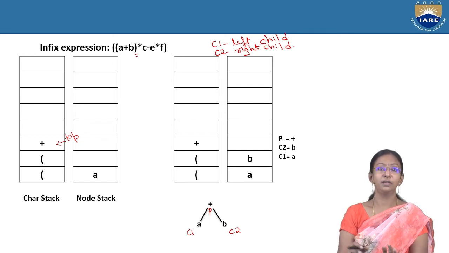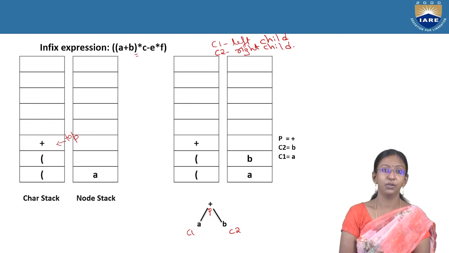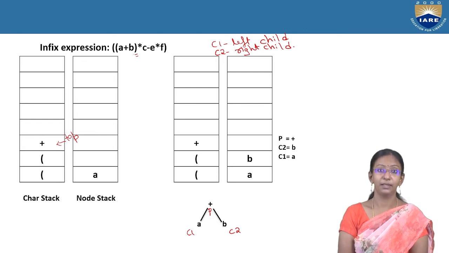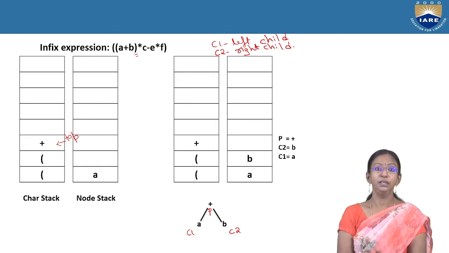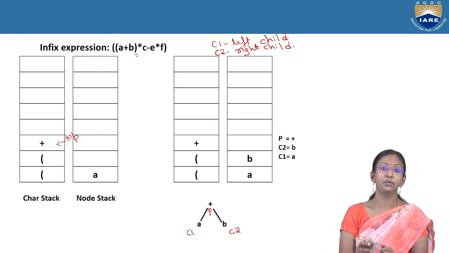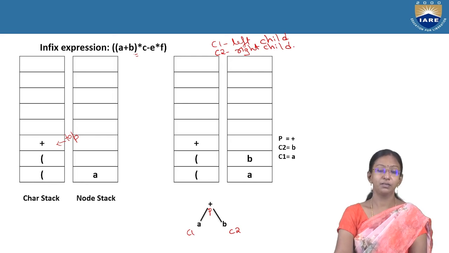All this homework we have done just because we have encountered a closing bracket. So as the job is done, pop the opening bracket, the paired one, from the stack. You need not insert it anywhere. It is useless for us right now.